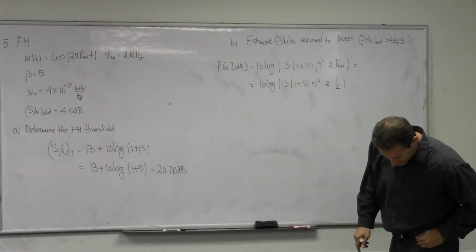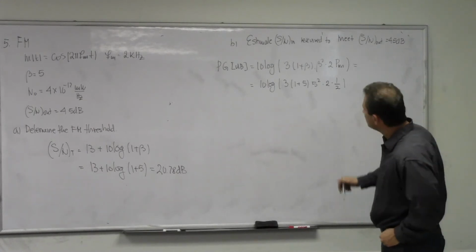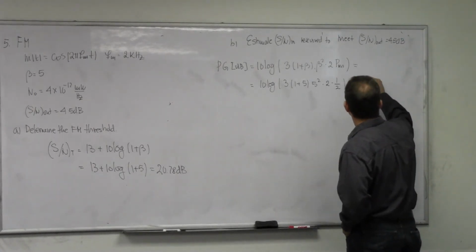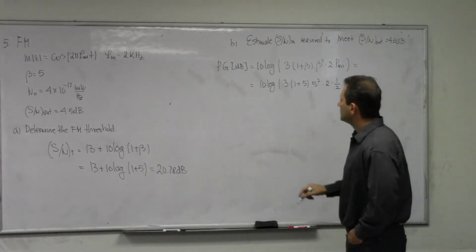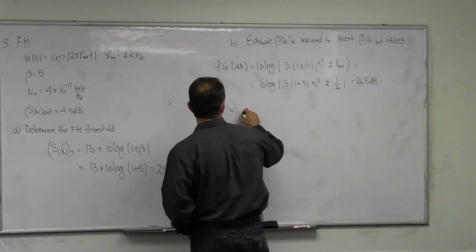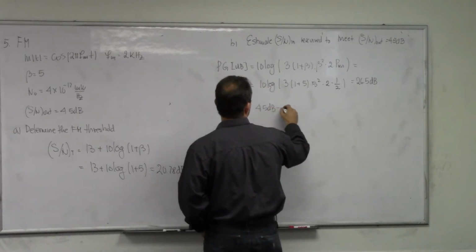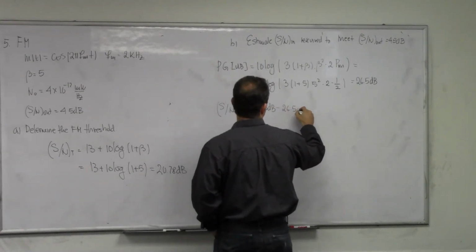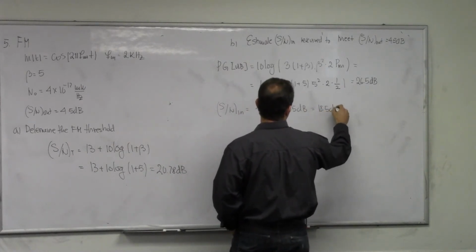When you calculate this, it is 26.5 dB. Okay? So, now we say, okay, signal to noise ratio at the input is going to be 45 dB minus 26.5 dB, which is 18.5 dB.